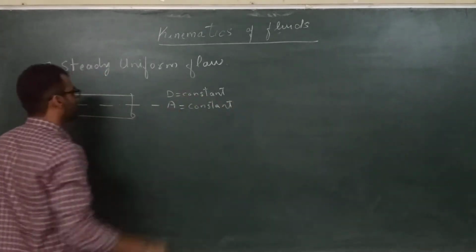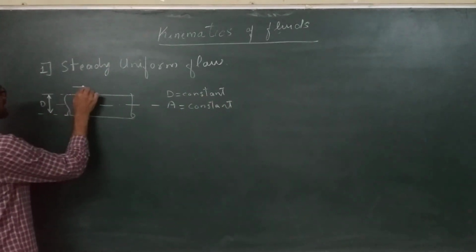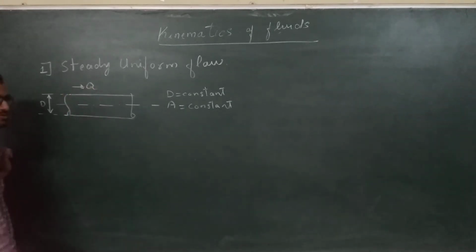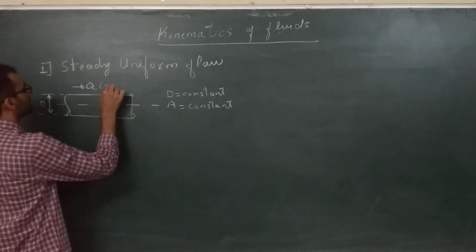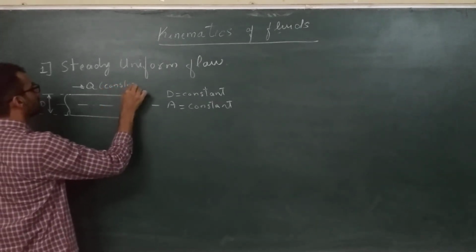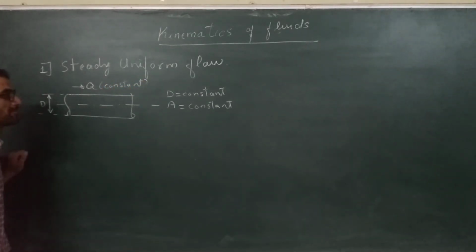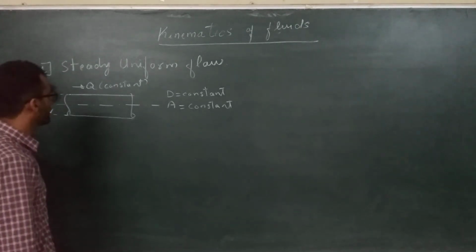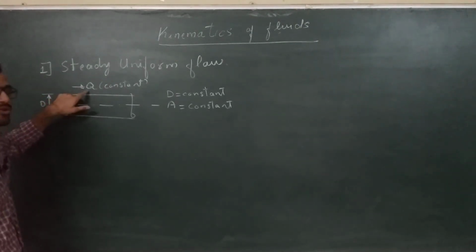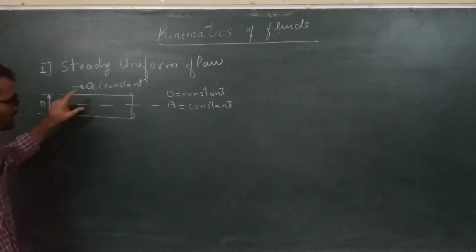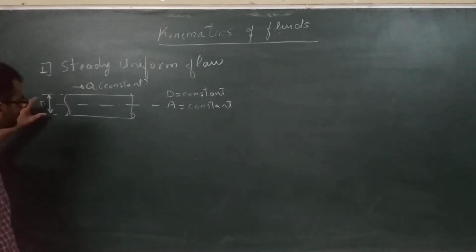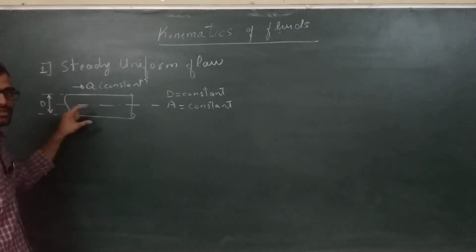And again the volume flow rate through this pipe, Q, let us say is not changing, so Q is also constant. Now what type of flow will it become? See, Q is constant means the volume of fluid flowing per unit time is constant.